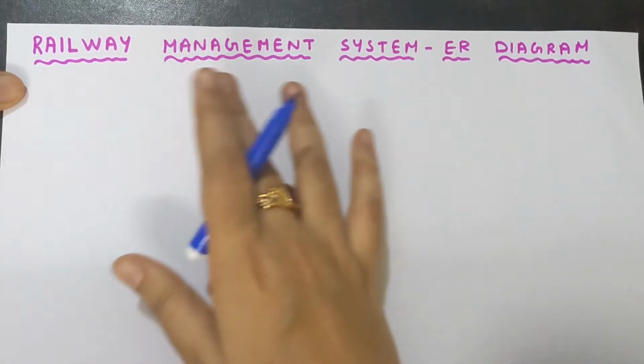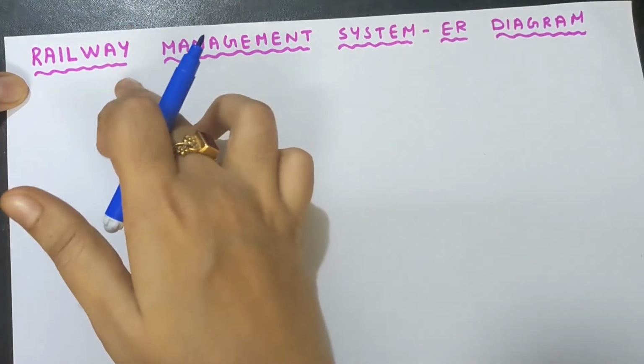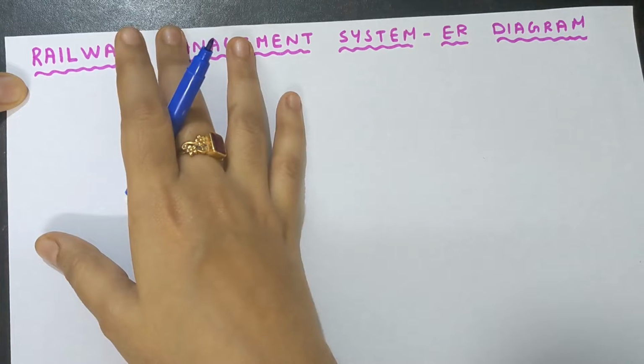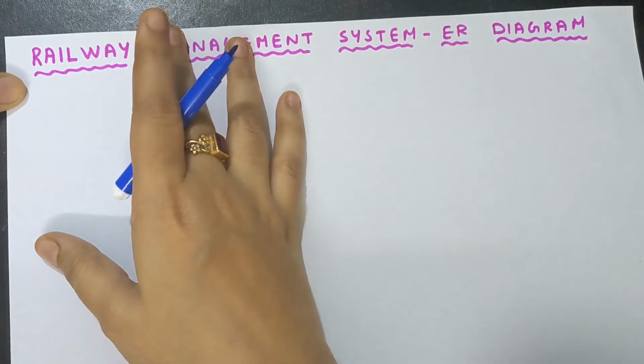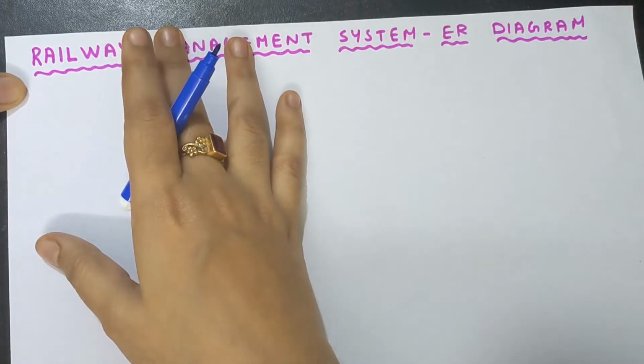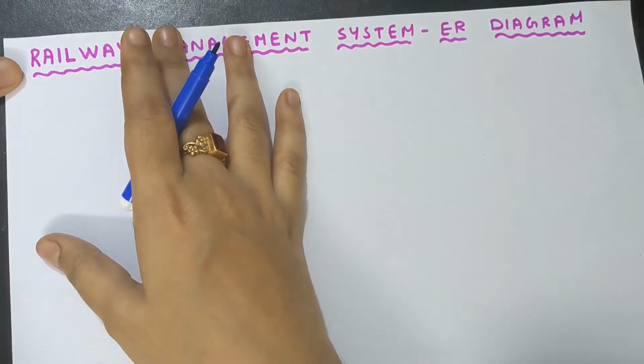So Railway Management System. If you take railway, what are the objects related to the topic railway? A station should be there, a railway station. Next, train should be there. Status for the train will be there. Passengers should travel in the train.